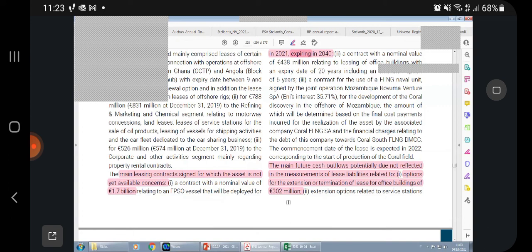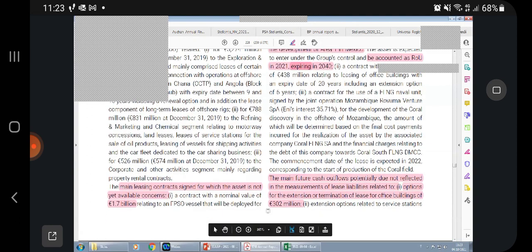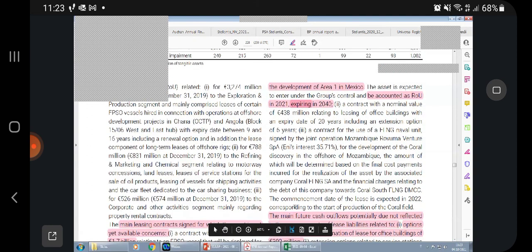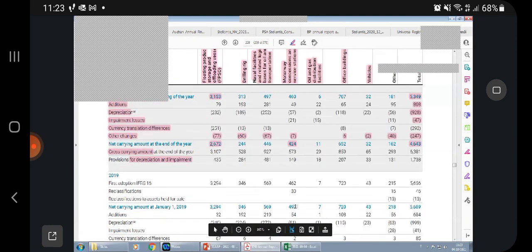E&I has the possibility to extend some lease contracts, but right now these extension options are not considered reasonably certain. So this 302 million is not included in this amount.